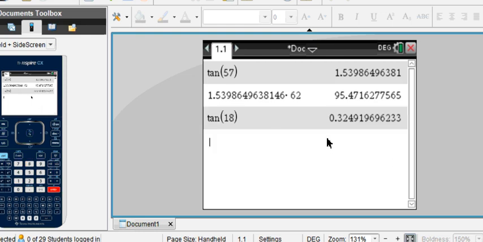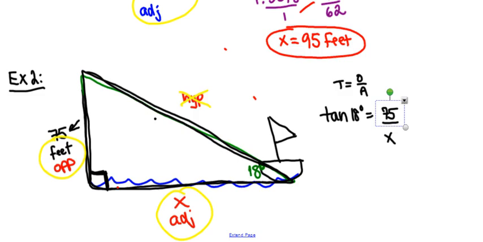I'm going to put the first 4 decimals down on my paper. So 0.3249 equals 75 over x.